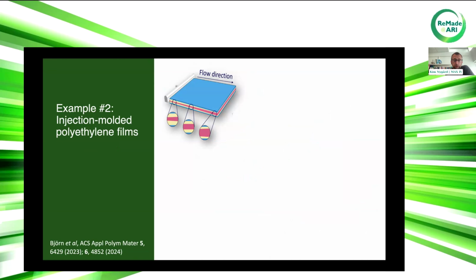So this is an example of injection molding of polyethylene films in this case. So not exactly directly relevant for the Remade project, but I think it's a good example of what kind of scanning SWAXS experiments one can do.